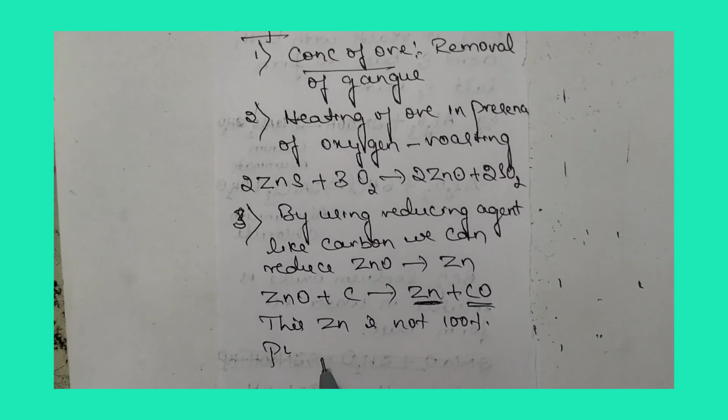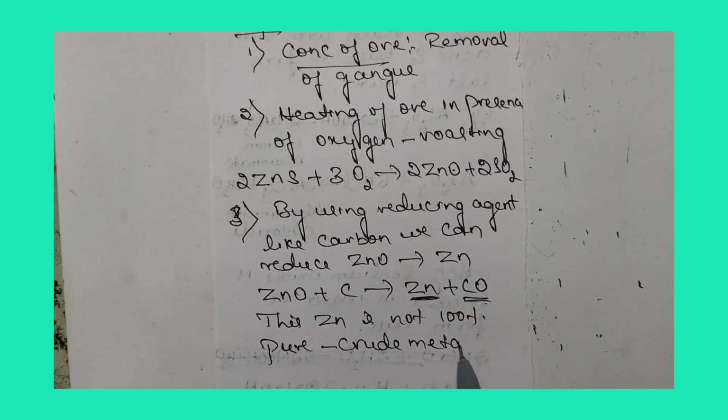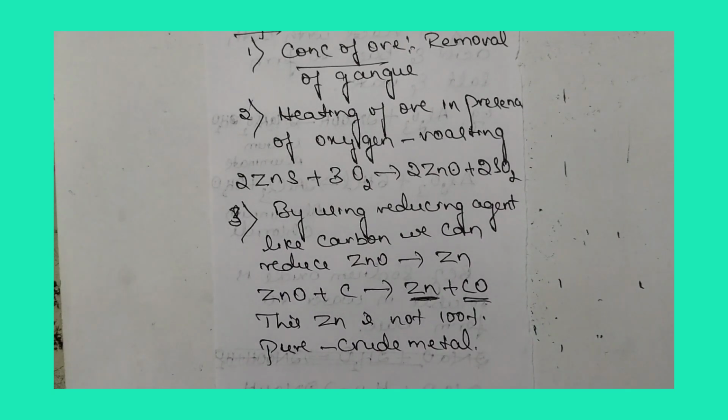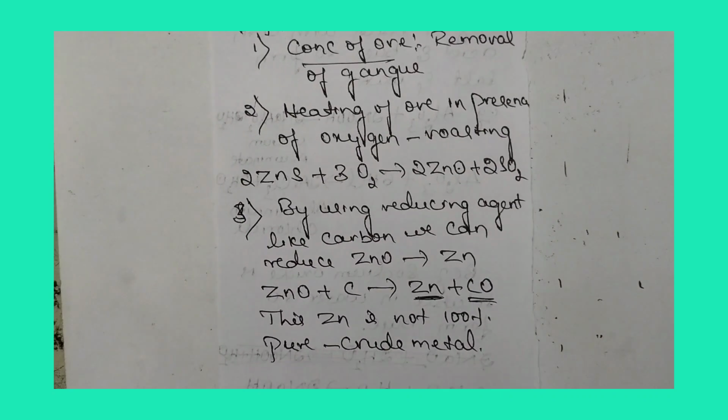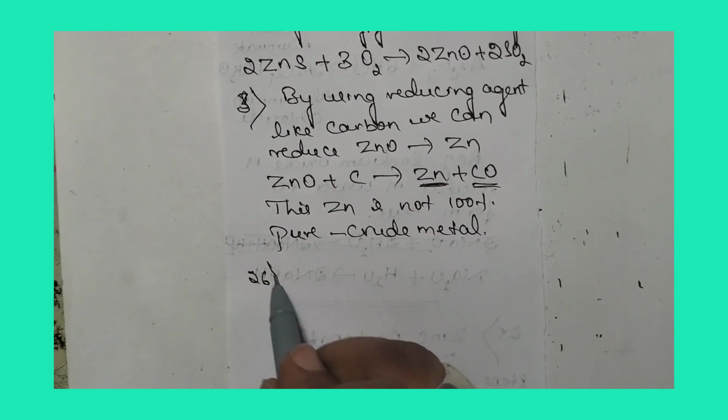It is called crude metal. Like this we are extracting zinc from zinc carbonate and zinc from zinc sulfide. So this is about how to extract the metal from zinc carbonate and zinc sulfide.